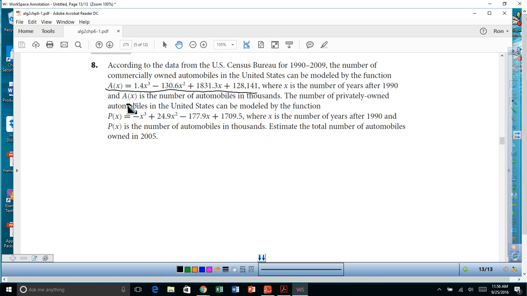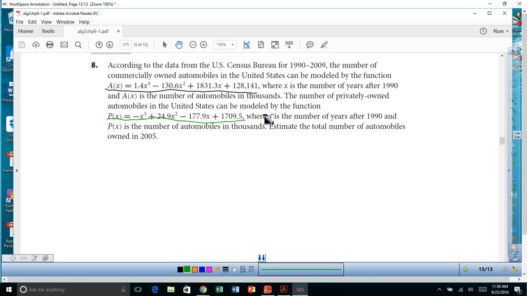The number of privately owned automobiles in the United States can be modeled by P of x equals negative x cubed plus 24.9x squared minus 177.9x plus 1,709.5, where x is the number of years after 1990 and P of x is the number of automobiles in thousands.